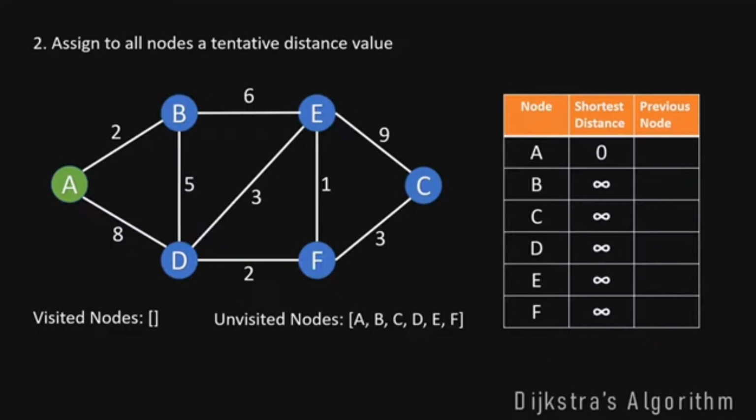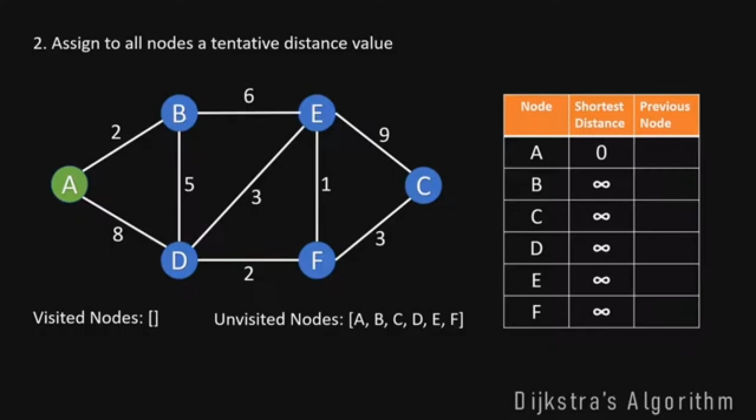In the beginning of this algorithm we know nothing of any distances to any node other than A, so we set it to 0 because the distance from A to A is 0, and every other distance we set to infinity.